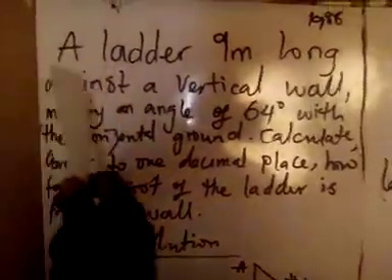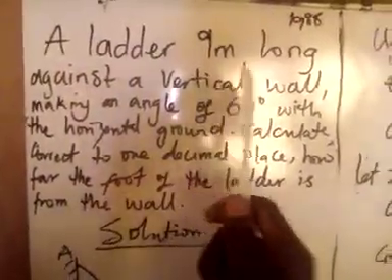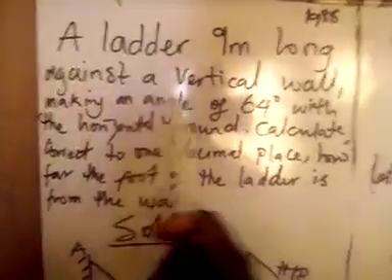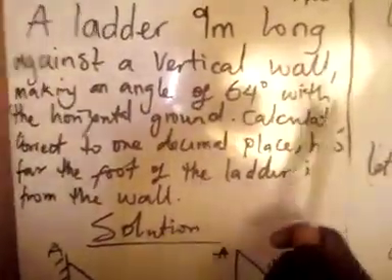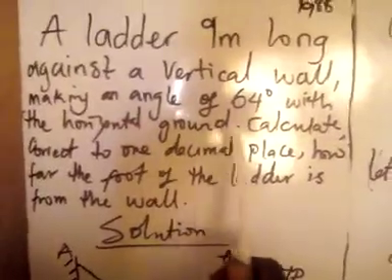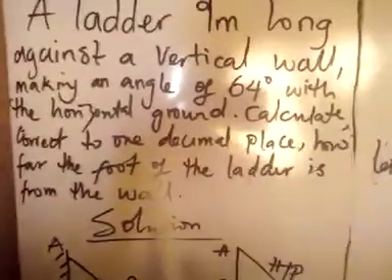The question says a ladder 9 meters long leans against a vertical wall, making an angle of 64 degrees with the horizontal ground. Calculate, correct to 1 decimal place, how far the foot of the ladder is from the wall.